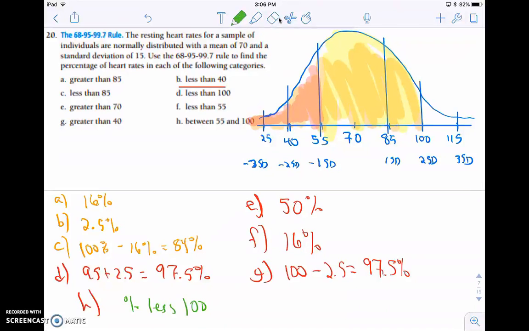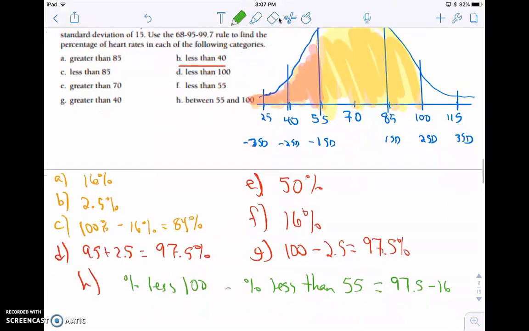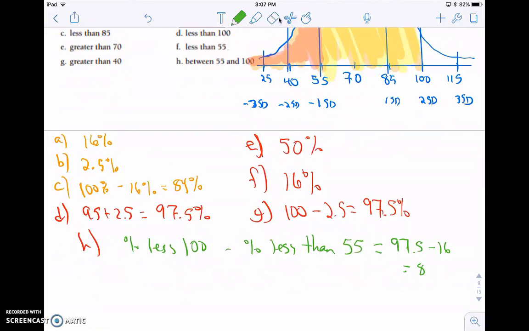So we're going to take percent less than 100 minus the percent less than 55, and less than 100 was D, so that was 97.5, and less than 55 was F, which is 16. So when we subtract those two, we get 81.5%. Okay, and that right there is going to be the percentage between 55 and 100.